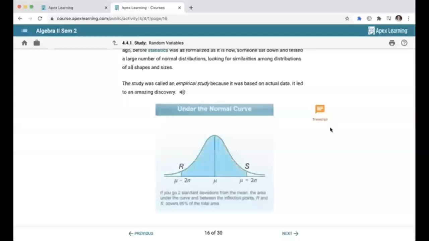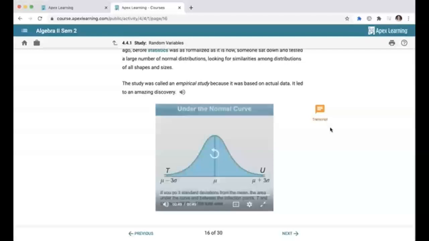If we go 2 standard deviations away, it covers about 95% of our area. And if we go 3 standard deviations away, it covers about 99.7%, almost the entire graph there.